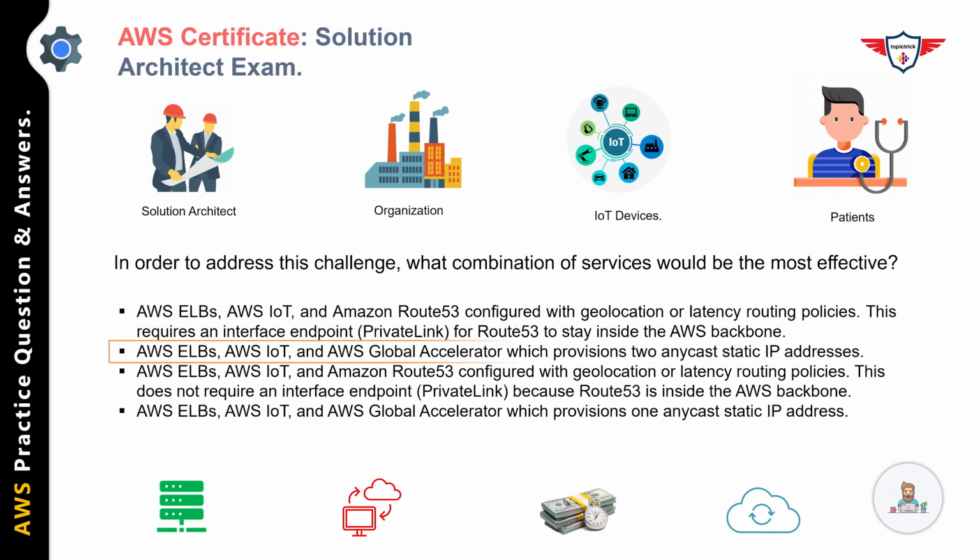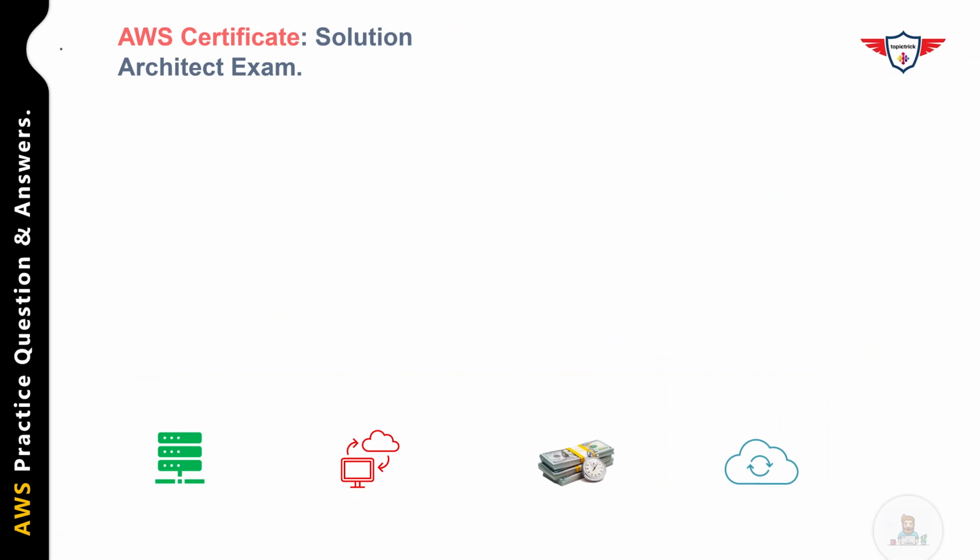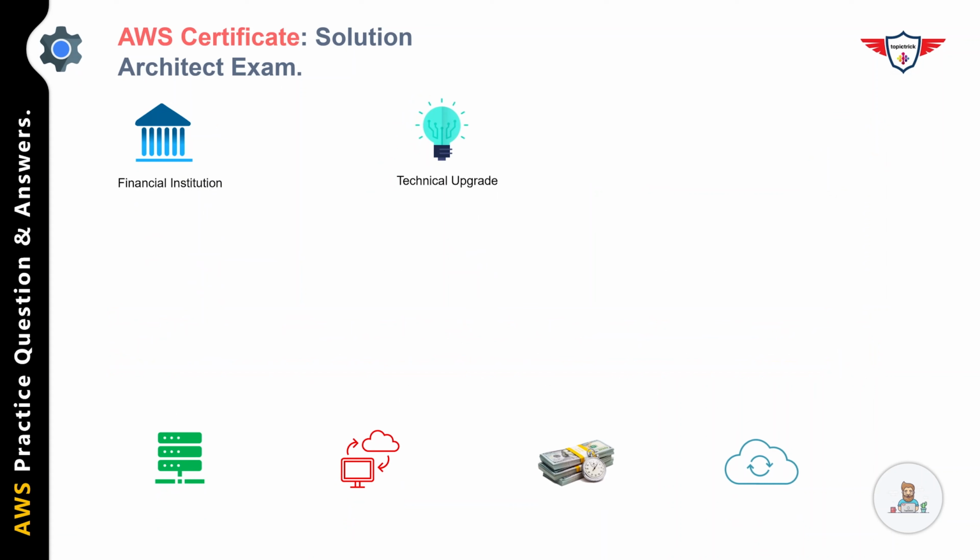The correct answer is AWS Elastic Load Balancer, AWS IoT, and AWS Global Accelerator, which provisions two anycast static IP addresses.